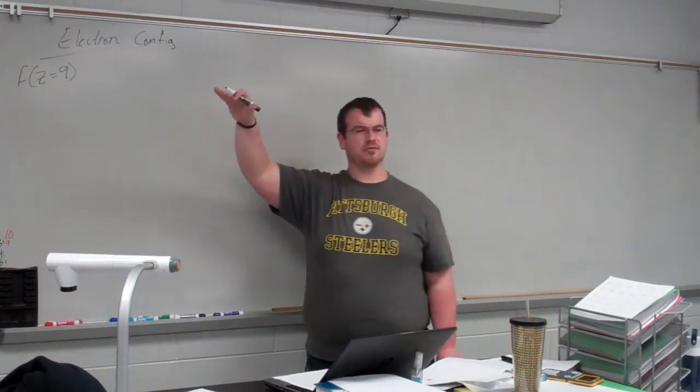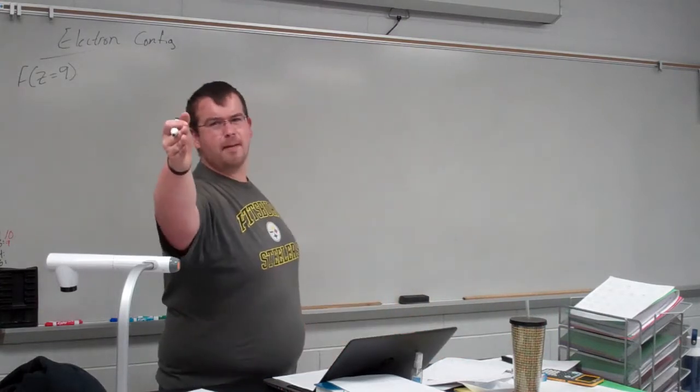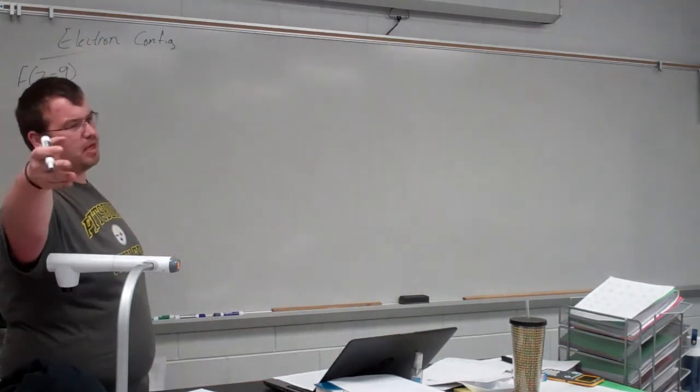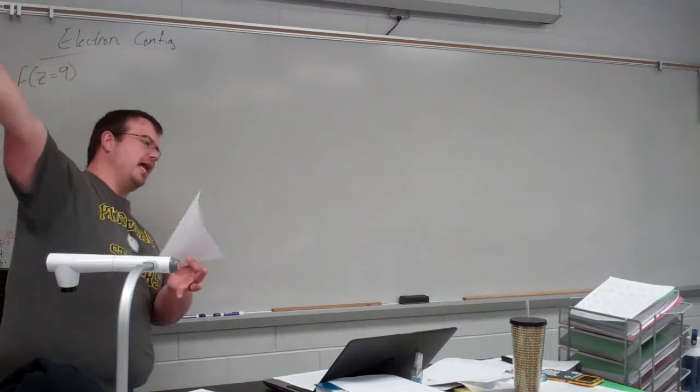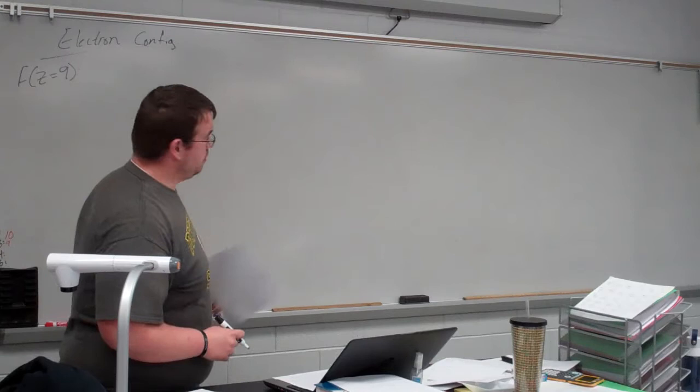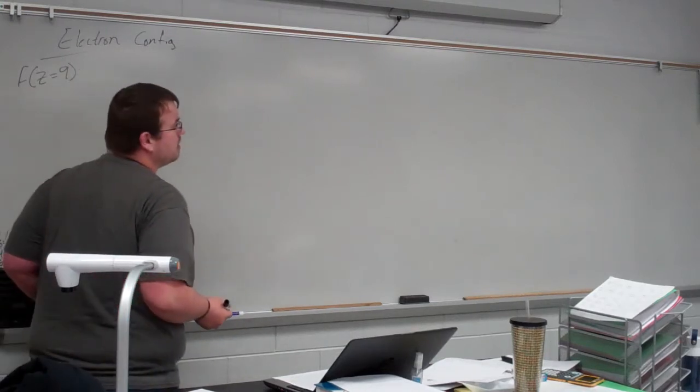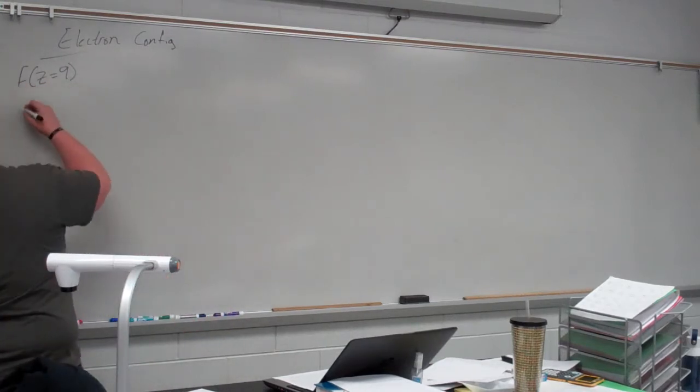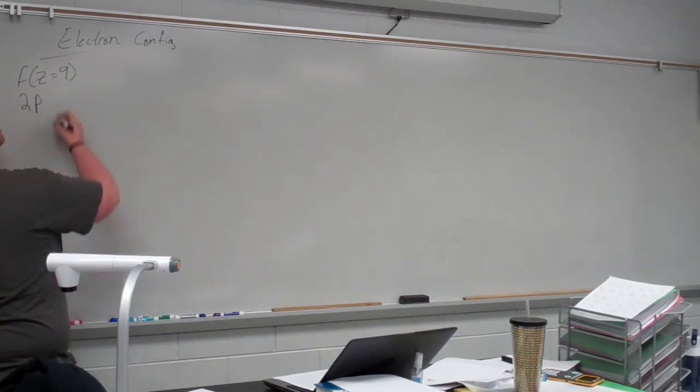You're going all the way through it, and whenever you stop, it's at the element you're looking for. I'm not going to go over there on the periodic table and do all that. We've done so much of that. So I'm just going to roll through. In this case, my stopping point, fluorine, is in the p block, second row, so 2p.